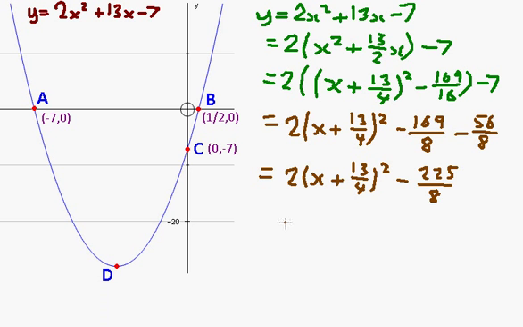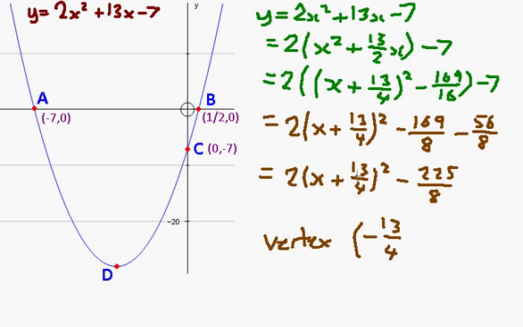So the vertex D is at the coordinates, now you take the minus of the number inside the bracket, minus 13 quarters. Oh well, the opposite sign.